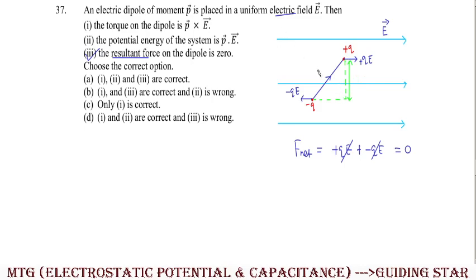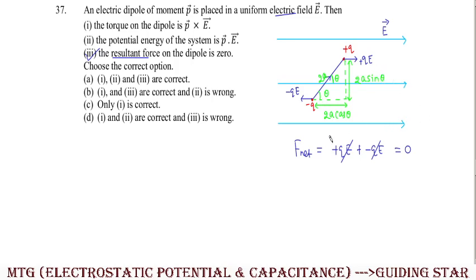If the length of the dipole is 2a, and the dipole makes some angle theta with the uniform electric field, then this side will be 2a cos theta and this side will be 2a sin theta.